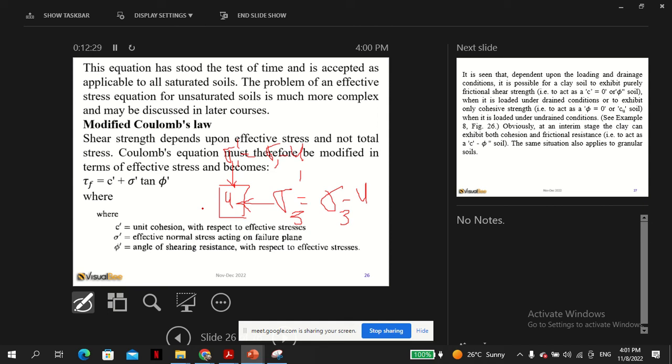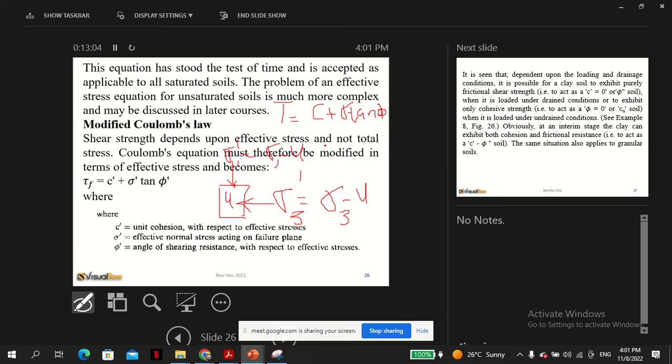This was done because for sands and silts, the principle used to work just okay. When you use total stress parameters, it just worked okay. The reason is that sands have high permeability, so when you load them, the water can flow away easily.